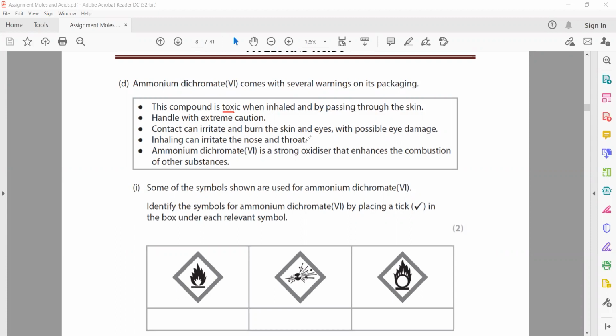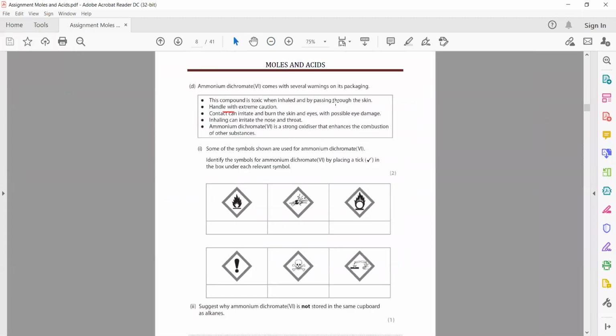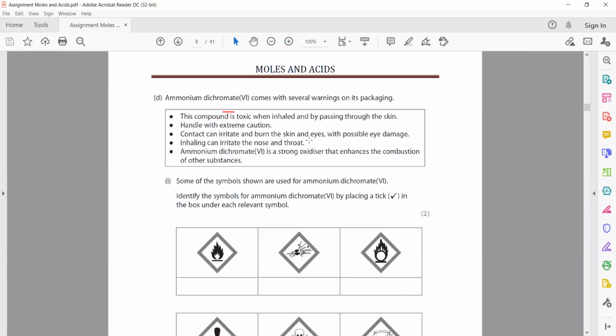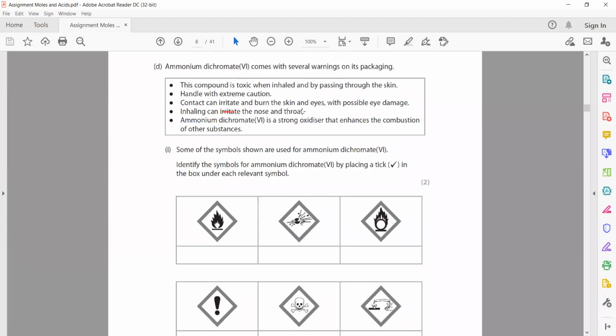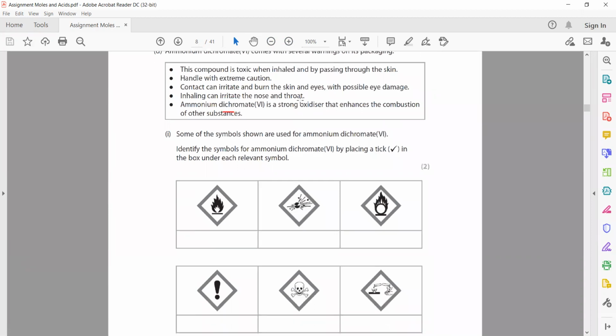Inhaling can irritate the nose and throat, and ammonium dichromate is a strong oxidizer that enhances the combustion of other substances. Oxidizing agents enhance the combustion of other substances. So we have to tick the relevant boxes according to the warning on the packaging.